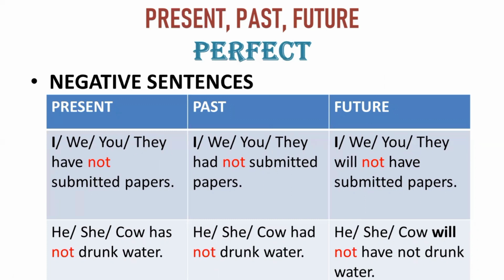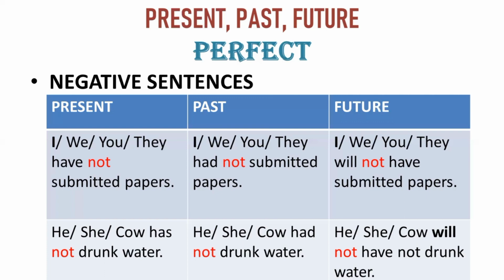They have not submitted papers. The second, he or she has not drunk water. In past, after had, we have to insert not, and there is no other change, just not after helping verb. They had not submitted papers. Cow had not drunk water.